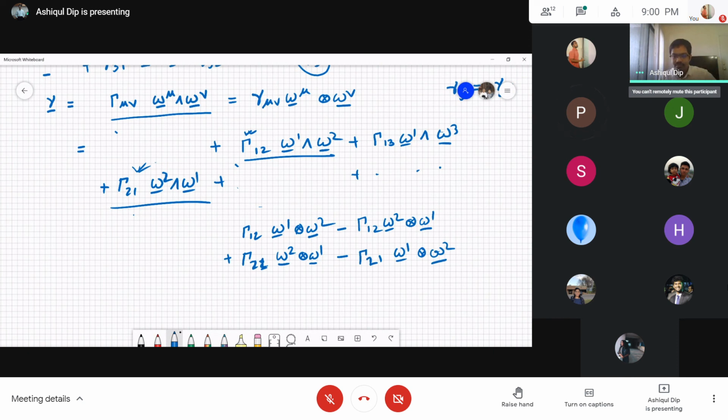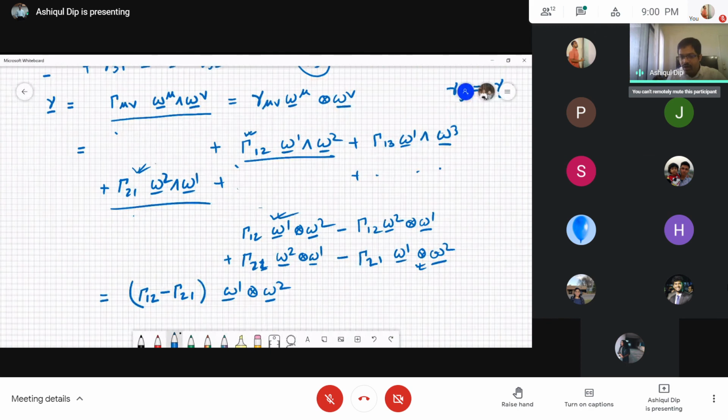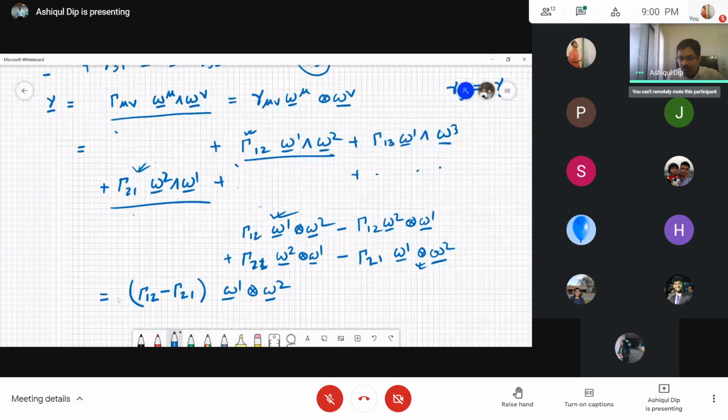So this thing and that thing have the same basis, so you can factor out to have gamma 1 2 minus gamma 2 1, then omega 1 wedge omega 2, and then plus gamma 2 1 minus gamma 1 2, then omega 2 wedge omega 1, right?